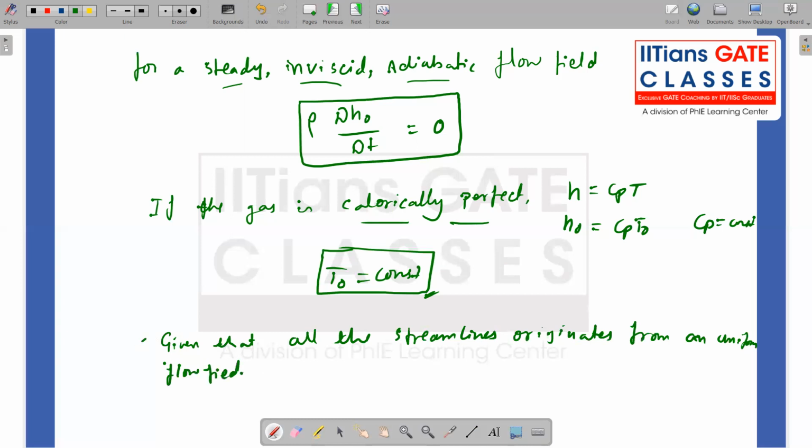This is again a very important condition. If all the streamlines are originating from a uniform flow field, then only can I say the entire flow field has the same stagnation temperature.